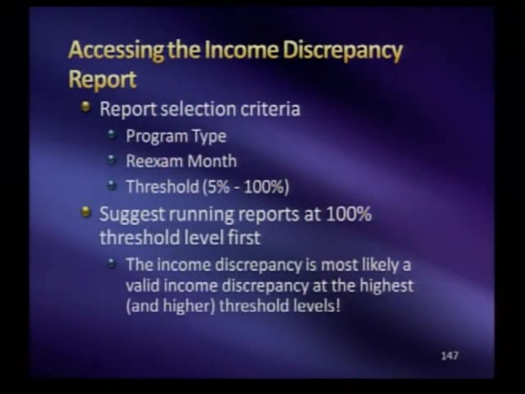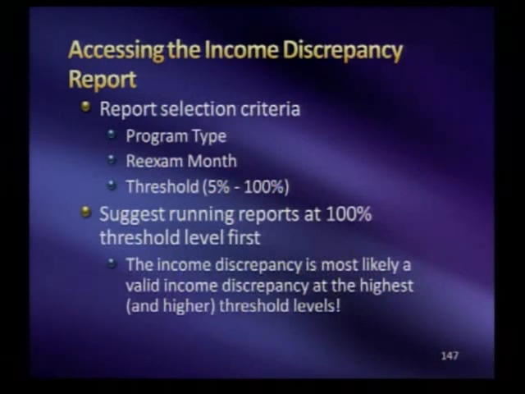Okay, so with all your reports in EIV, you always have the ability to search by program type and re-exam month, but there's a search criterion that's not available in any other report. The income discrepancy report has what we call a threshold level. That threshold level really is nothing more than the percentage of unreported income.